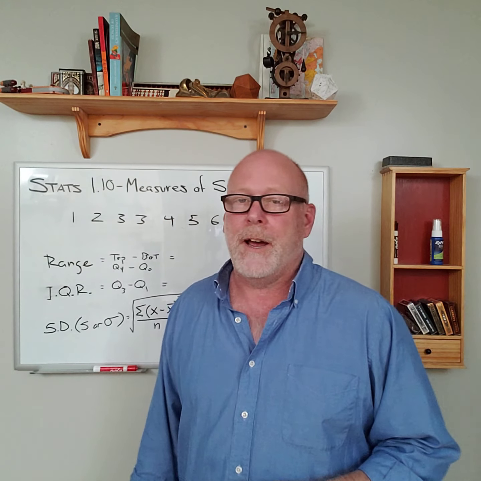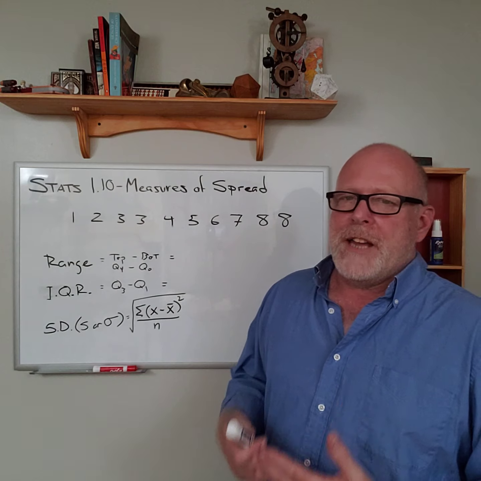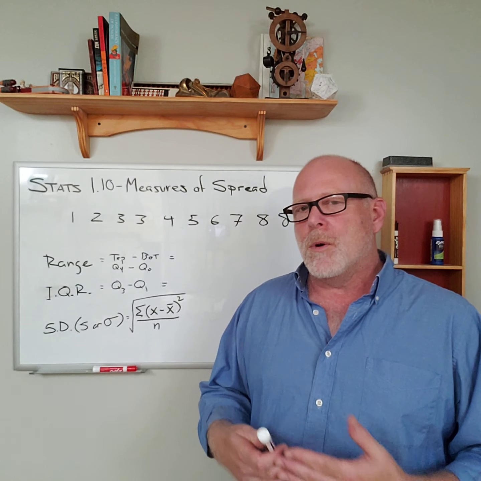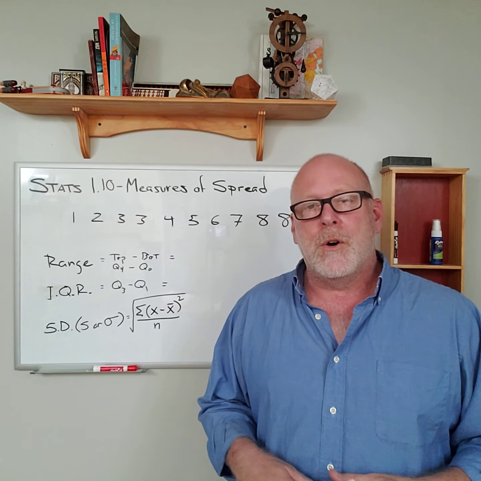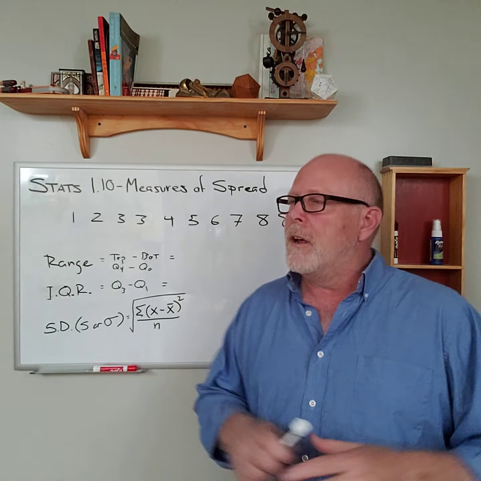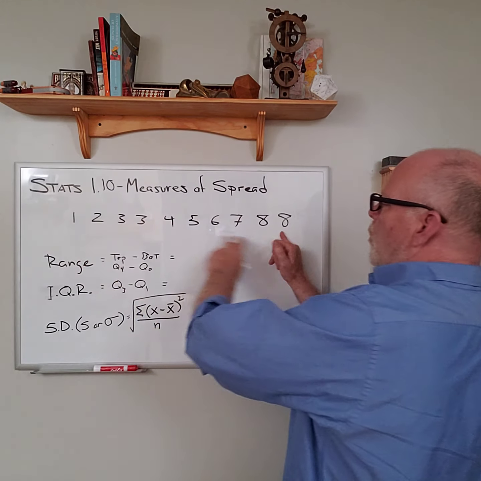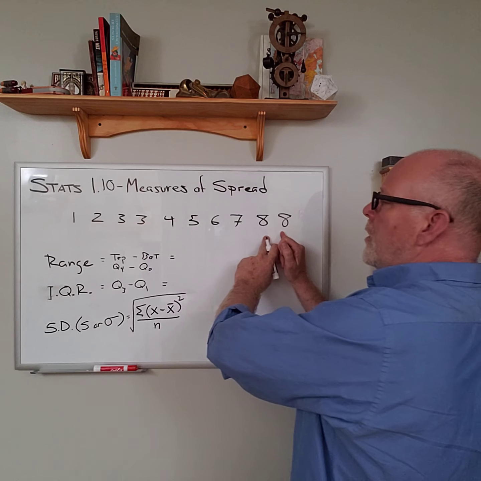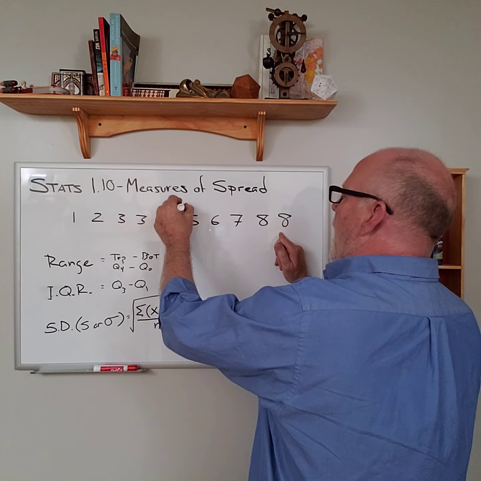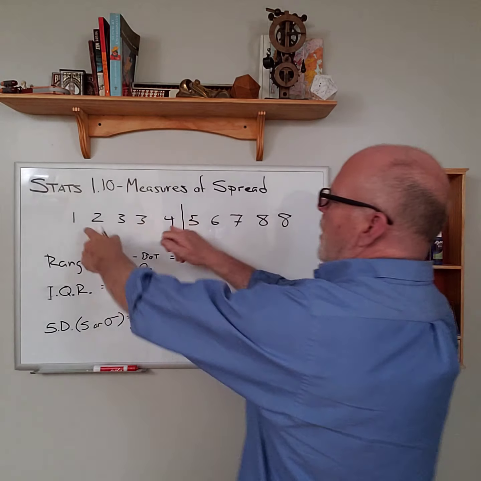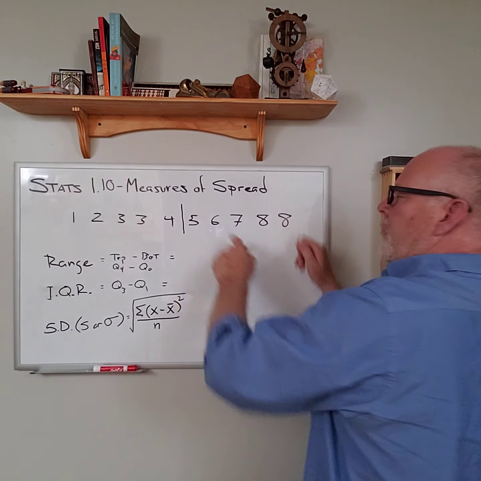What is a quartile? If we divide our data up into 4 equal pieces, each of those is a quarter of the data. So here, same thing we looked at last time, we have 10 data points. If I divide them in half, I've got 5 down here and 5 up here.